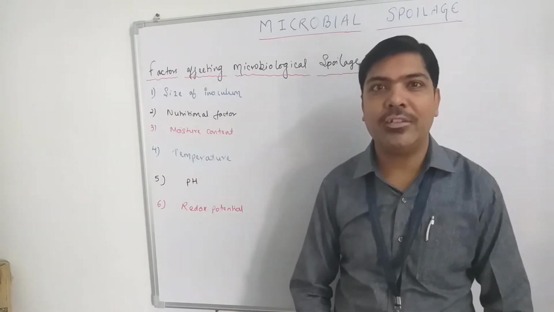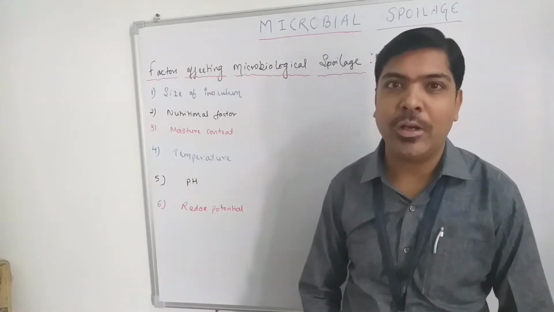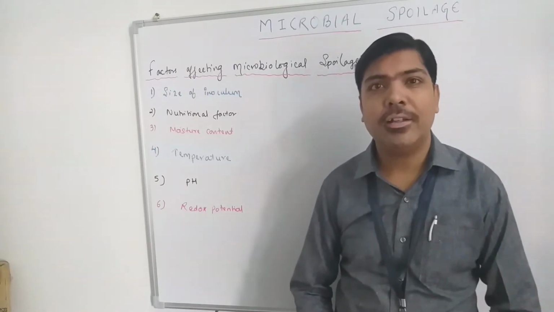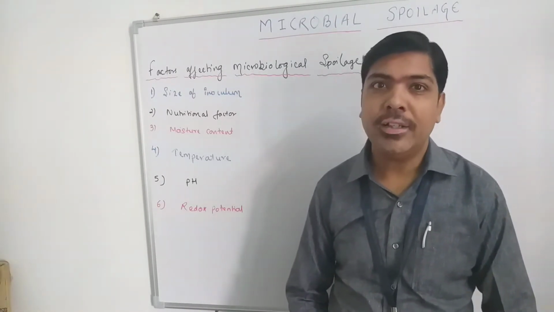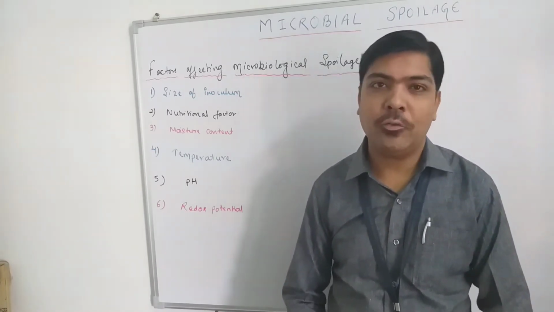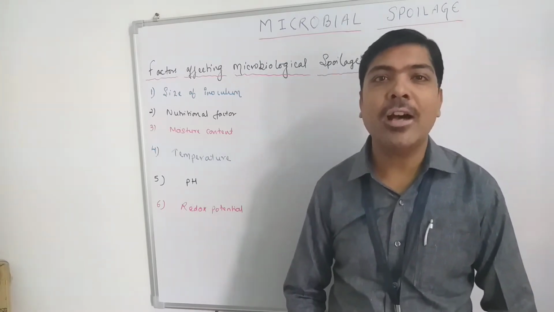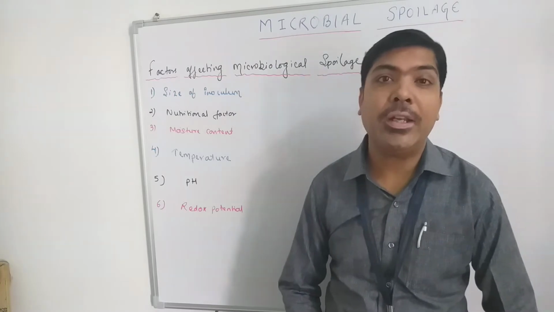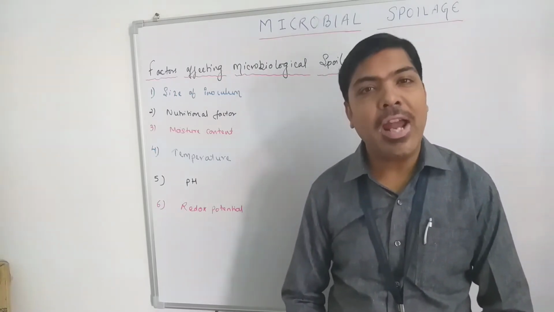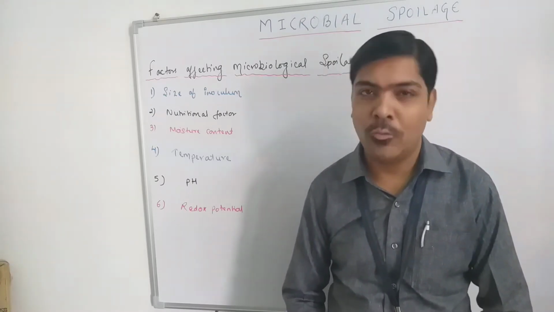In today's video lecture, we'll discuss the different factors that affect microbiological spoilage. In the previous video, we discussed that pharmaceutical products can easily be contaminated by various categories of microorganisms. In a pharmaceutical preparation, various ingredients are available, maybe a therapeutic agent or API, or the excipients which are added along with the API in order to produce different categories of formulation.